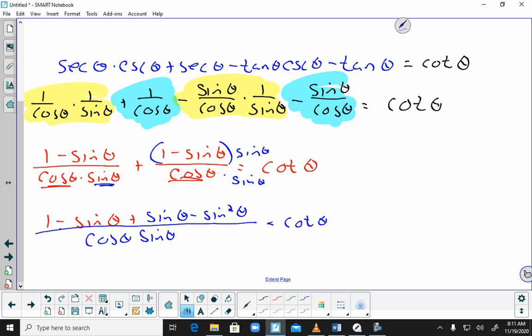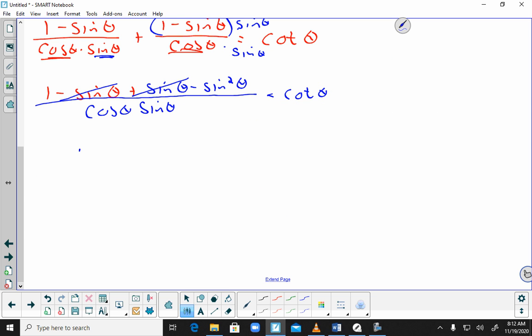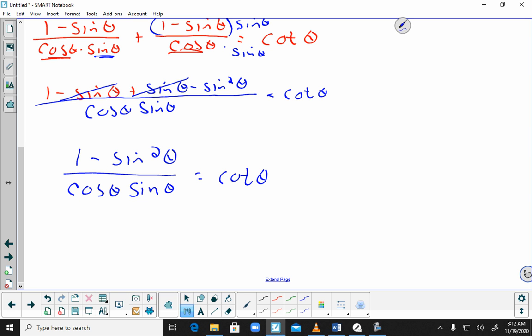Here I see that the negative sign and the positive sign will equal 0. So I have 1 minus sine squared theta over cosine theta, sine theta is equal to cotangent theta. 1 minus sine squared I can write as cosine squared theta, over cosine theta, sine theta.